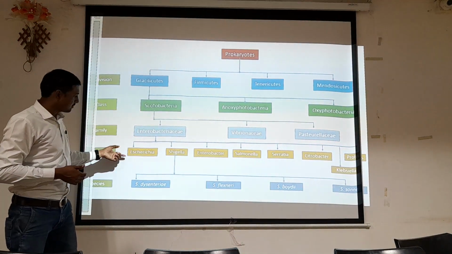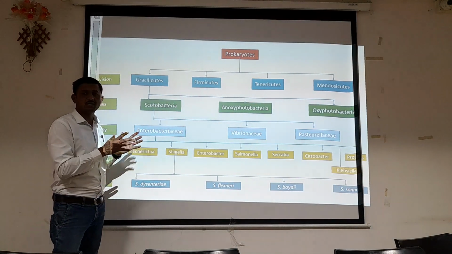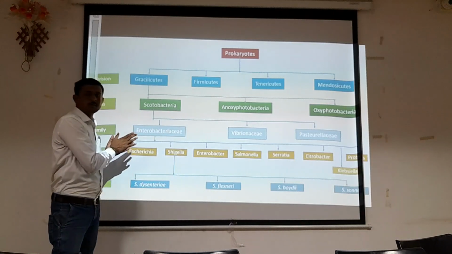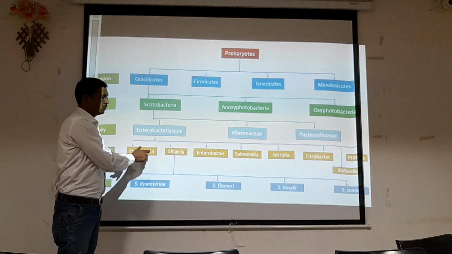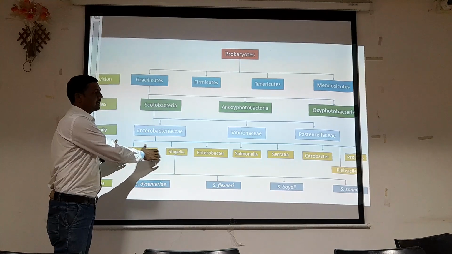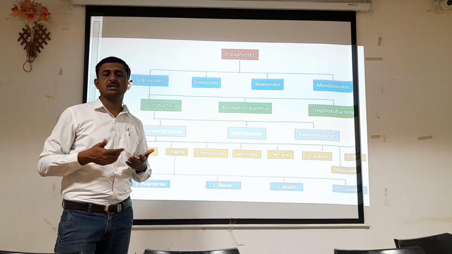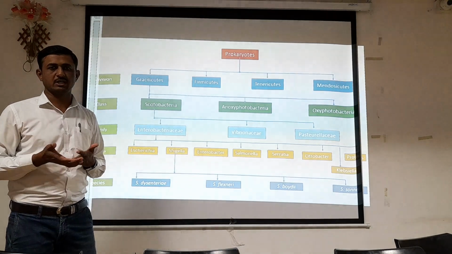All these groups show the common characteristics of the Enterobacteriaceae family, but when we go to genus level or species level identification, they are differentiated from one another with respect to their morphological, cultural and physiological characteristics.